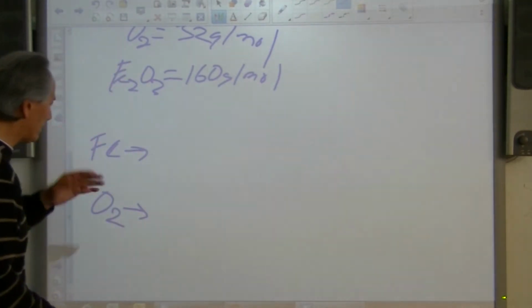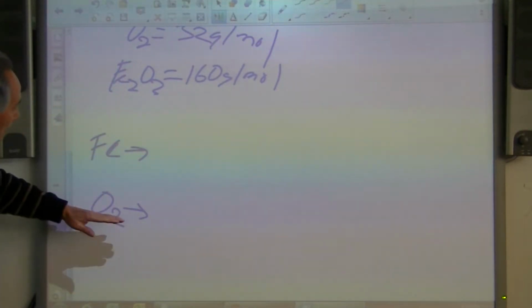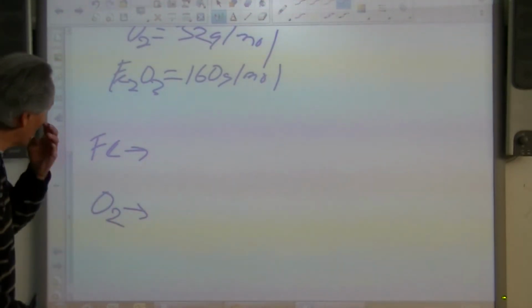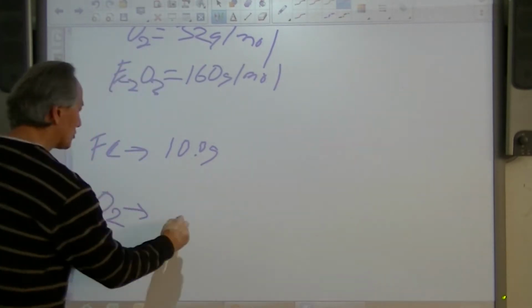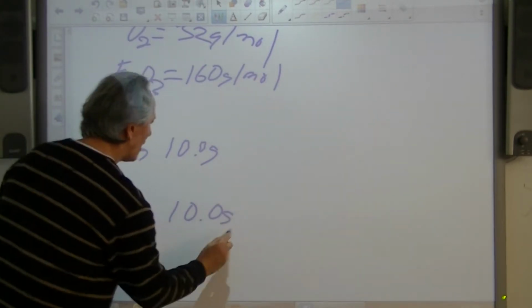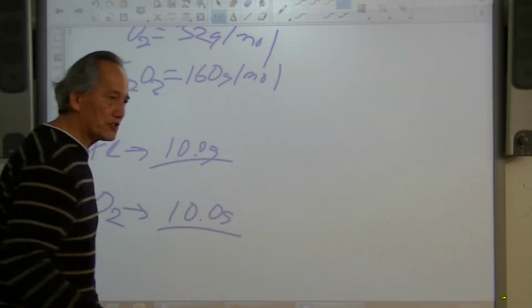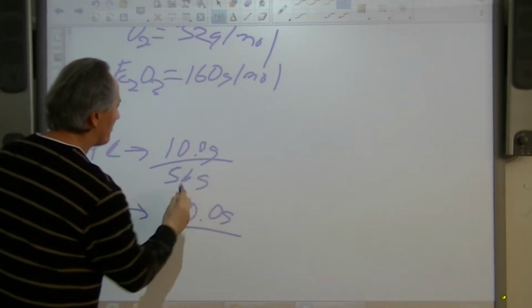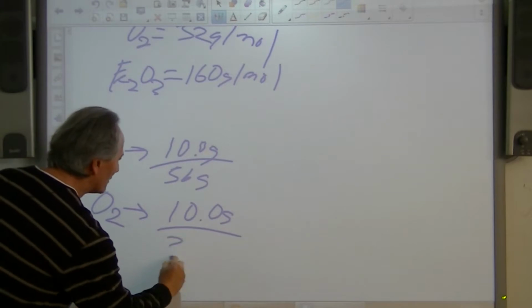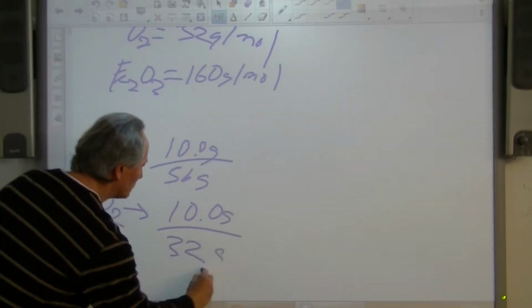So keep these numbers straight by identifying iron on one line, O2 in this case on the other line. Well, we were given 10 grams of iron. We were also given 10 grams of oxygen. And so the first step is to divide by our molar mass. We already calculated our molar mass for iron, which was 56, and for oxygen was 32.